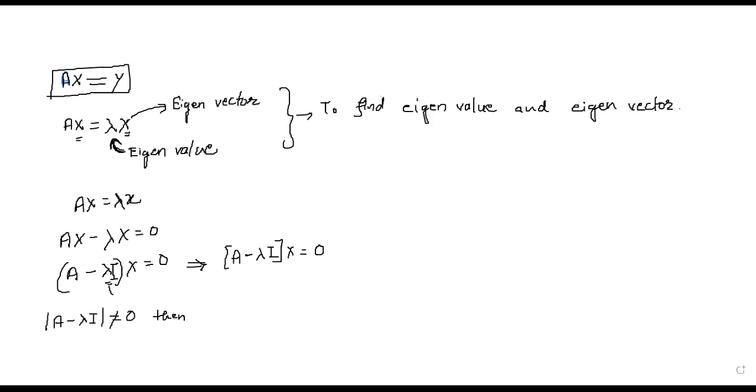Why x equals 0? How can you say that x will be directly 0? Because A minus lambda I is not 0. It's a matrix. It's not a number.